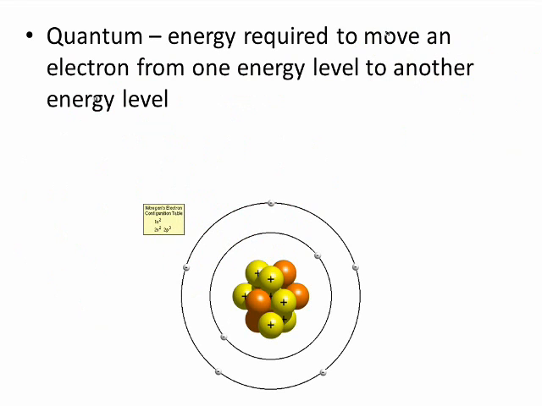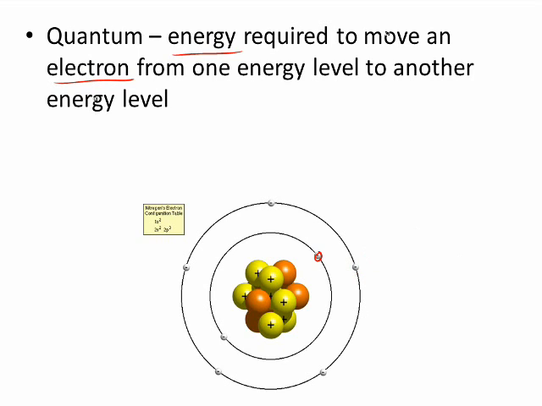Now we're going to start to get into the quantum mechanical model. And before we do that, we need to really know what a quantum is. A quantum is the energy required to move an electron from one energy level to another energy level. So for instance, from this energy level or this energy level to a higher energy level.